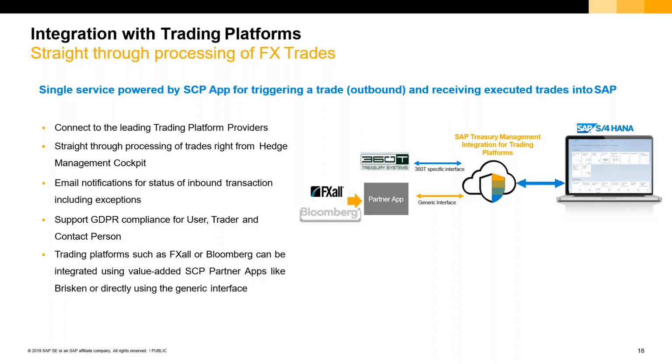You can generate the status notifications. It also complies with the GDPR requirements around user, trader, and contact person information, as well as it offers a variety of other partners to participate in this process by offering their add-on tools and assets which enhance customer experience even further. Next page, please.